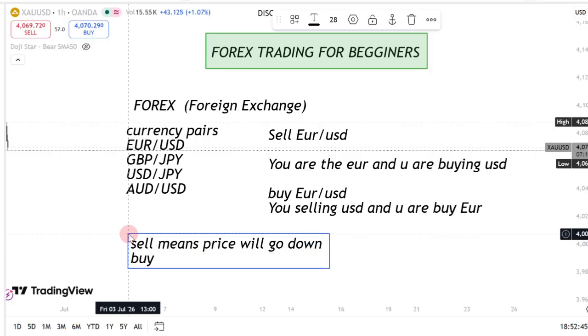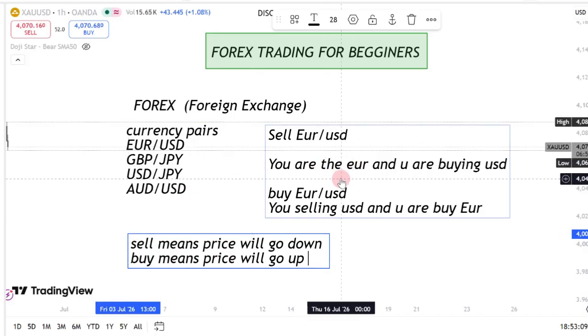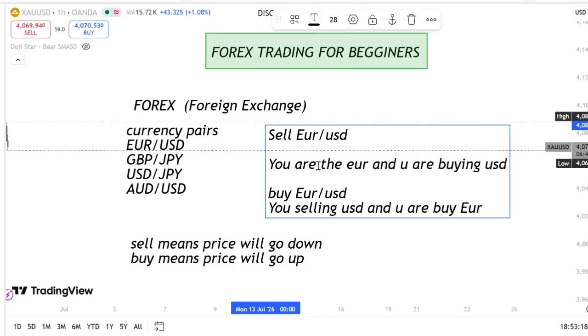When I say buy, it means price will go up. So know the difference. Sorry, I think I made a mistake here. Selling, okay.